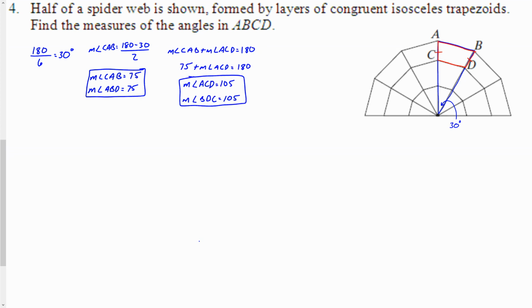We know that a pair of angles that are not base angles and not opposite angles, so it's a pair of adjacent angles in this trapezoid, as long as they're not base angles, are supplementary by same side interior angles. So we'd be able to find that the measure of angle ACD and the measure of angle BCD are both 105 degrees.